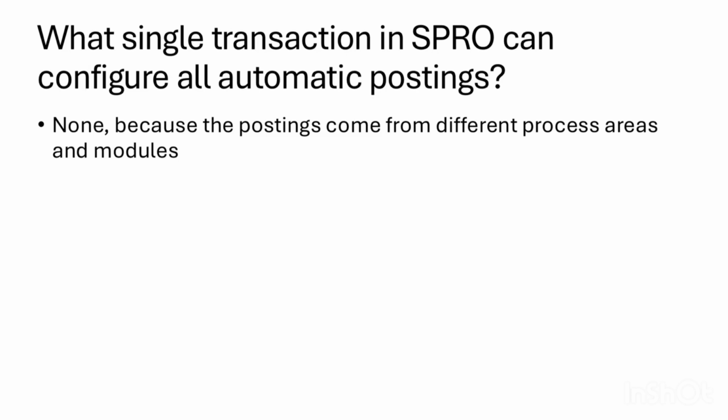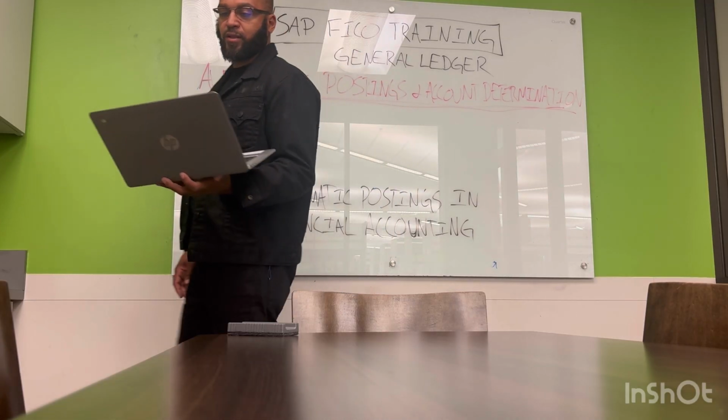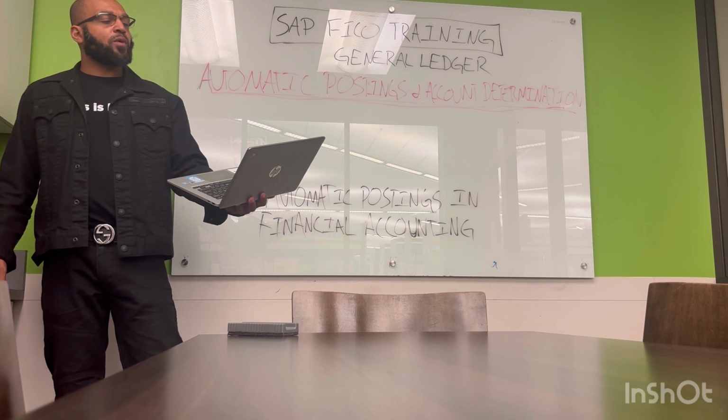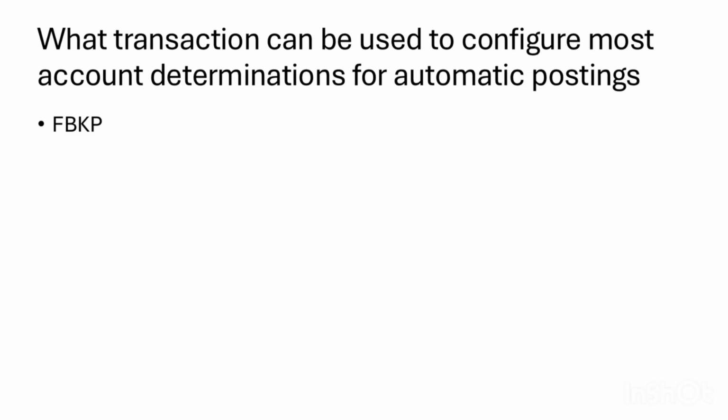What single transaction in S/4HANA can configure all automatic postings? Keyword: all. None, because these postings come from different process areas and modules. What transaction can be used to configure most account determinations for automatic postings?